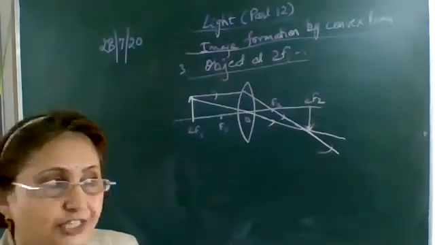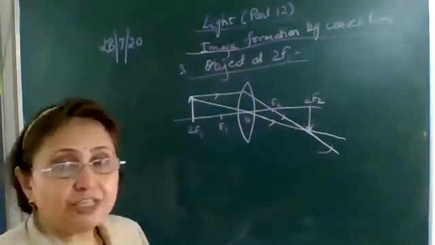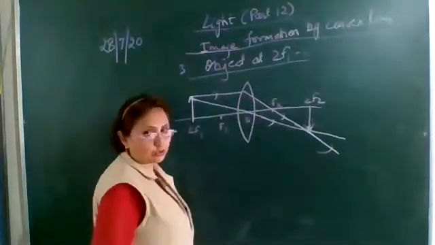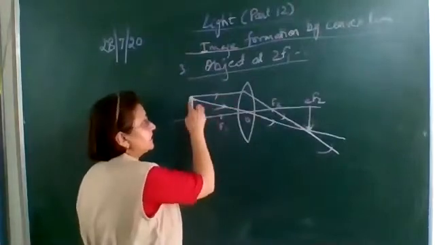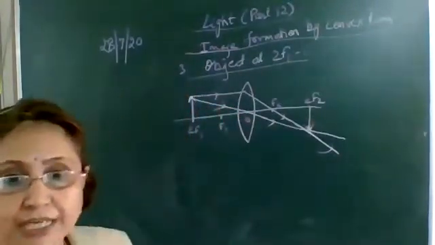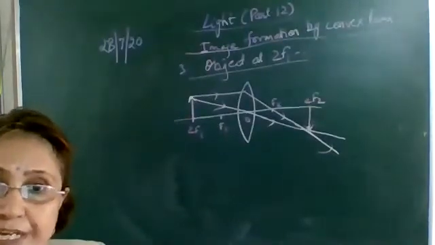Okay, object is needle shape. The first incident ray parallel to the principal axis passing through f2 on the other side. The second incident ray passing through the optical center. See that both the refracted rays should meet at 2f2.